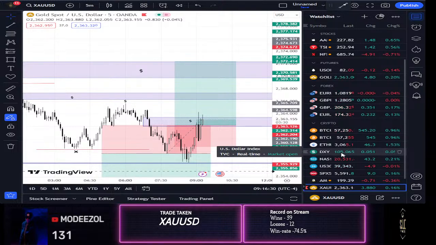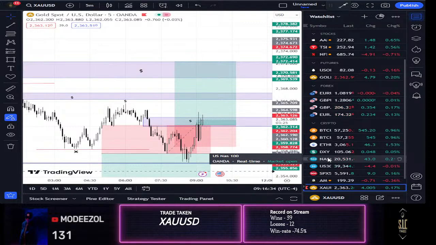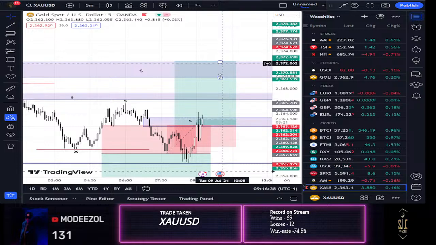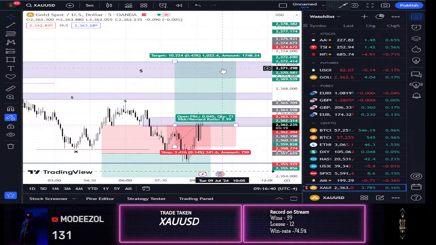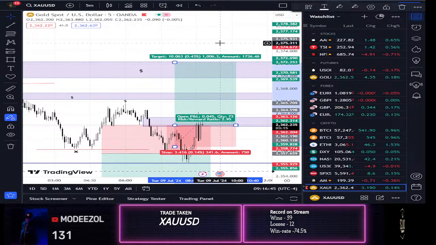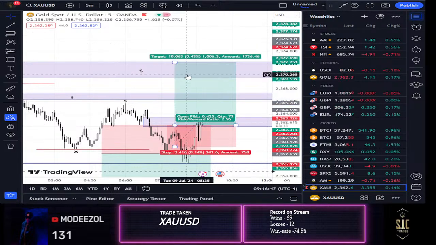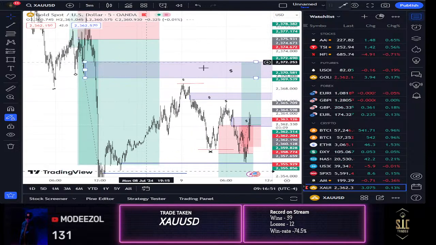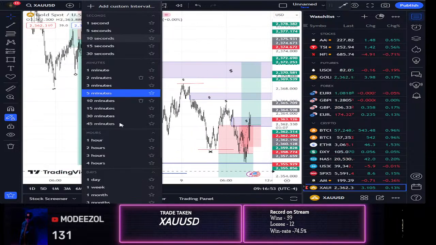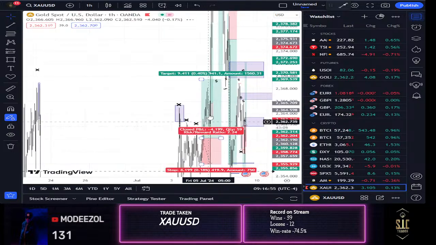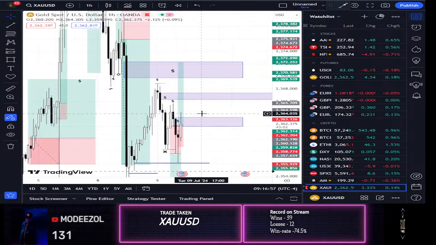DXY price dropping, right? If we can get DXY to drop a lot more, we'll get up here in this blue box, and that's 100 pips all the way. Finish this blue box, it's 100 pips. But we got to see how that would look on a 1 hour.